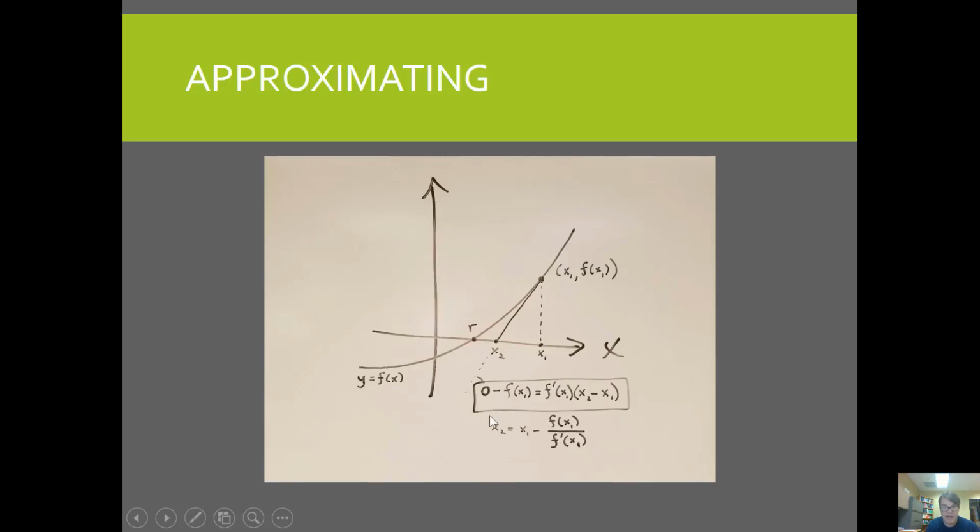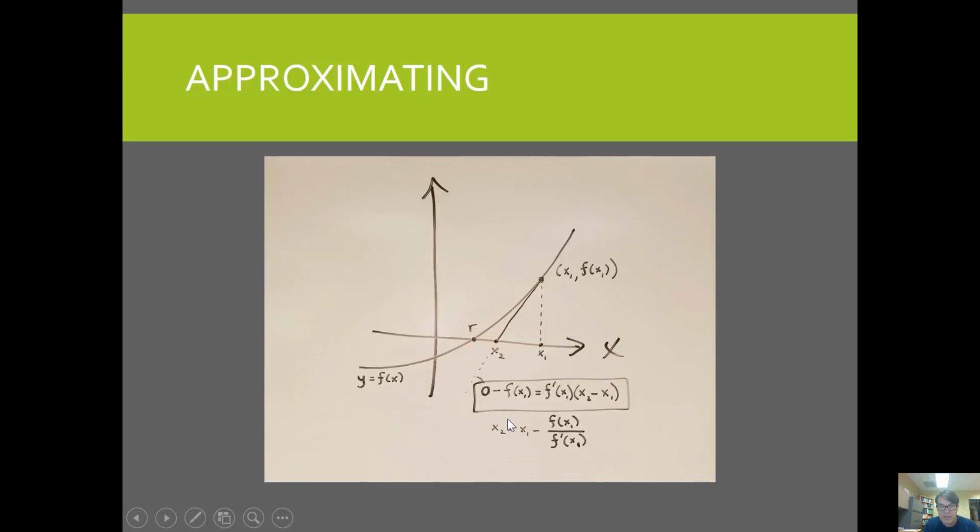Okay, so this is the gold right here, because once we have come up with this x2, we can plug it in as x1 and come up with a closer approximation. x3 equals x2 minus f of x2 over f prime of x2. And so by continuously plugging in, we plug in x2 as x1 and solve, and we get a little bit closer to r.